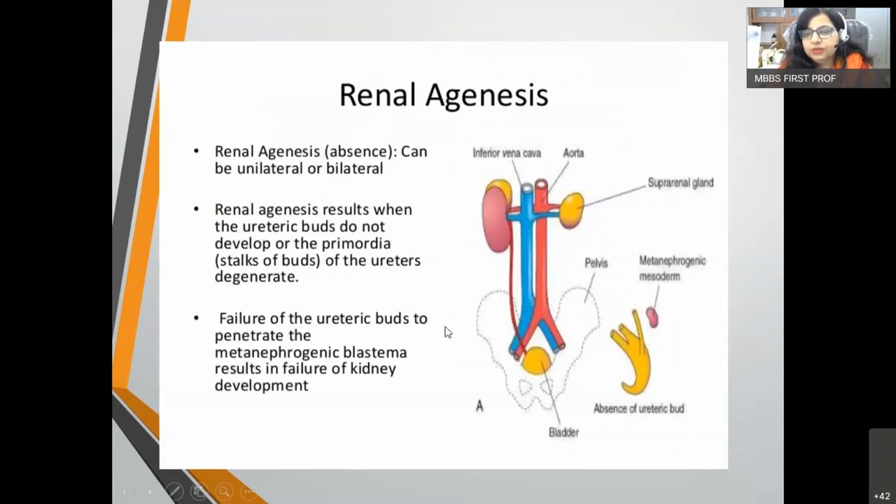Okay? If the ureteric buds do not come in contact with the metanephric blastema, then, as I told you, only when the ampulla of the ureteric bud comes in contact with the metanephric blastema does kidney formation take place. If this contact does not occur, kidney formation will not take place. So this results in failure of kidney development.